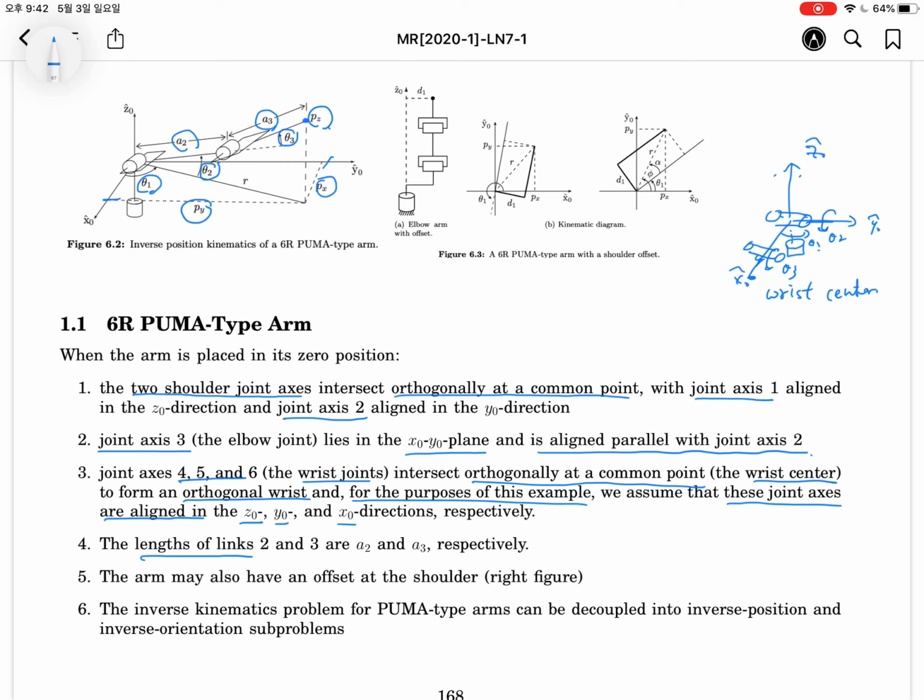So in order to solve the problem easily, we will make a plane. This plane is aligned with R and Z, to solve theta 2 and theta 3 by treating this robot system as a planar case. This arm may also have an offset at the shoulder. Actually, the Puma has the offset, like this.